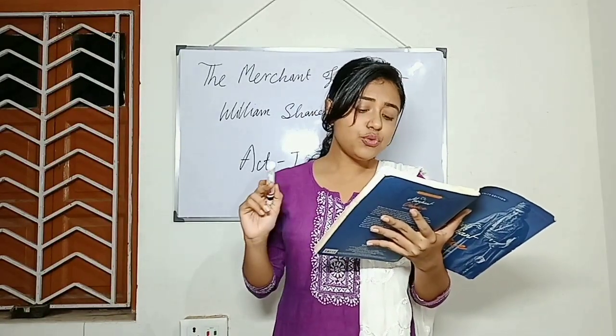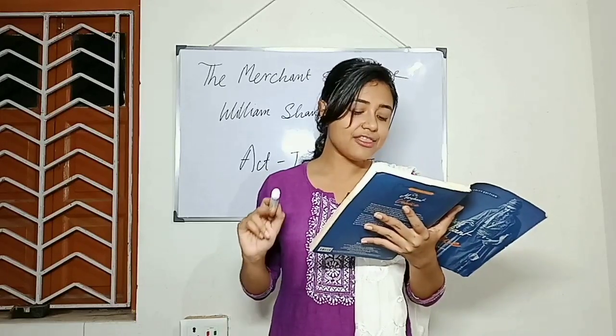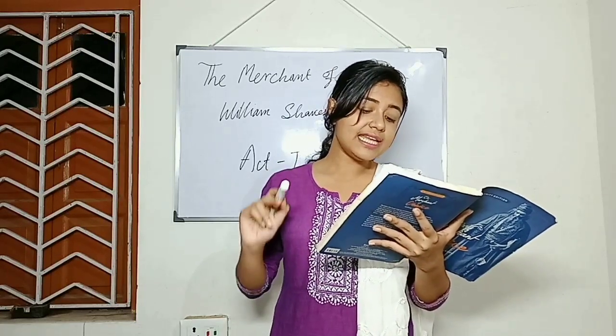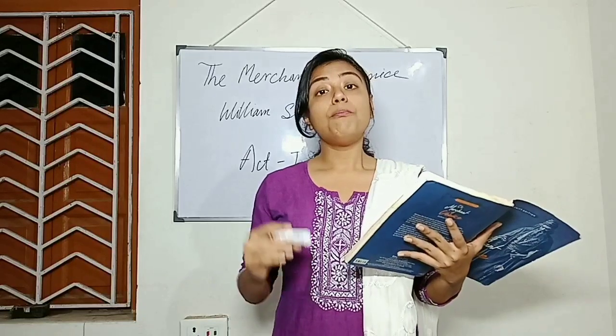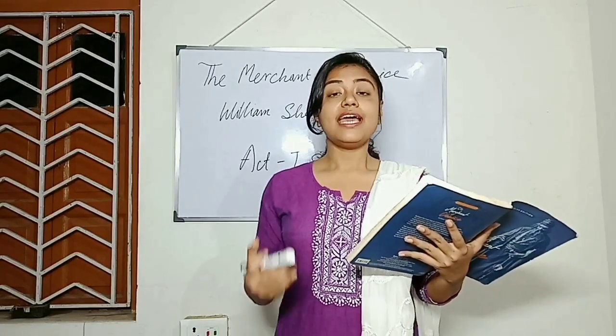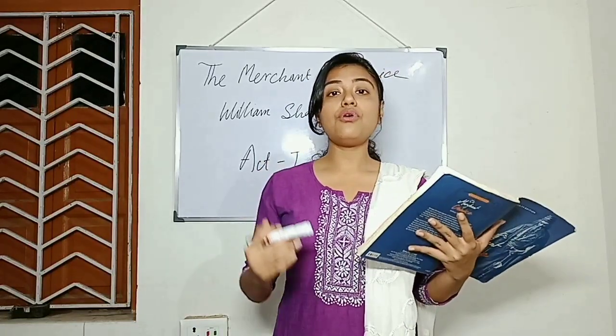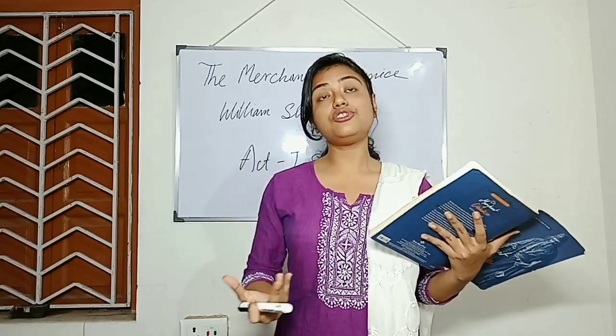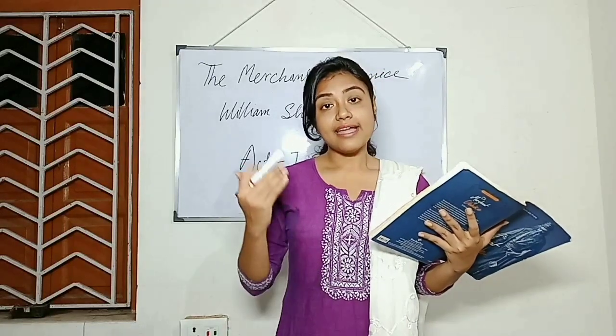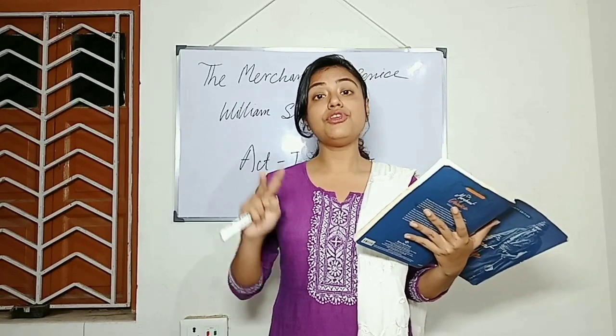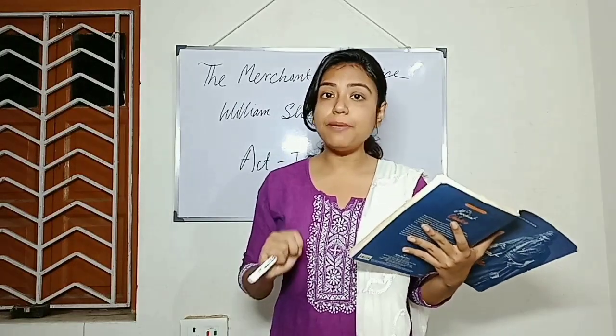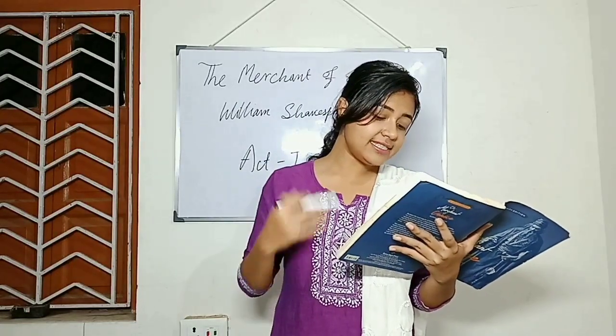Now, by two-headed Janus, nature hath framed strange fellows in her time. By referring to Janus here, Salarino actually wants to tell us that nature has framed two different types of people. Who is Janus here?